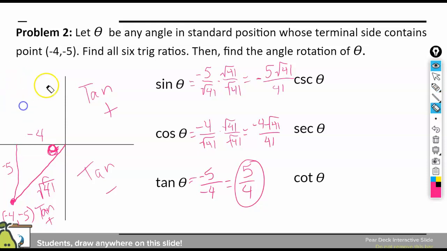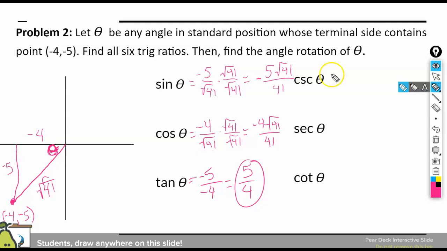So that's important to know which quadrant is tangent positive and negative in. Which quadrants are sine and cosine positive and negative in. That's important as well. Cosecant, though, is just the reciprocal.